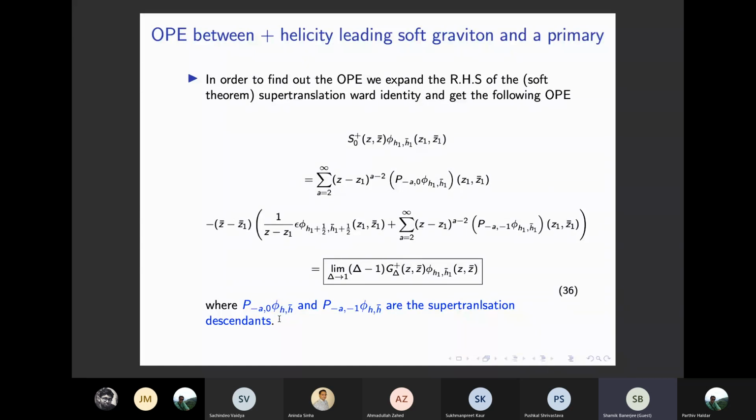So P minus a naught phi h bar and P minus a minus 1 phi h bar. So they are the super translation descendants, and the OPE between S plus naught z z bar and phi has this form. This can be obtained in the same way.